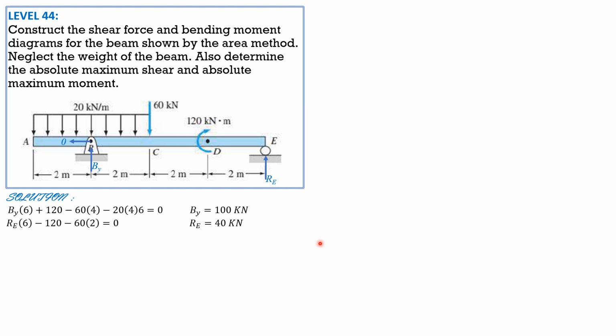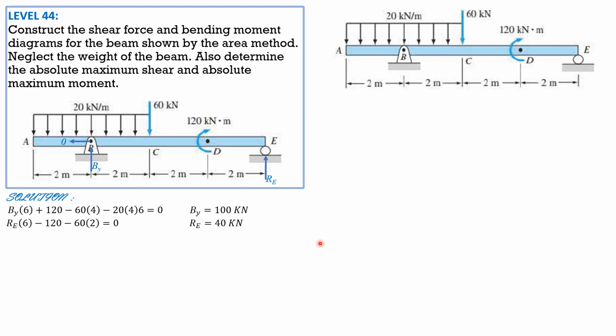So let's now plot the shear and moment diagrams. Let's put the reactions. By 100 and here Re 40. So beginning at A, 0 shear, then this is negative slope constant, so straight line here.